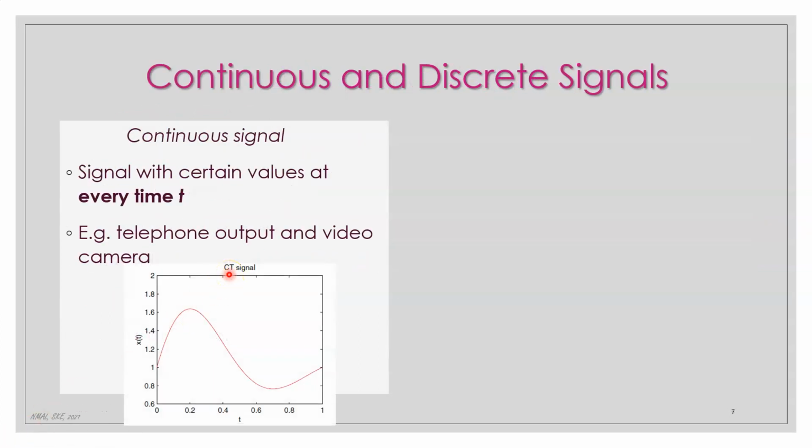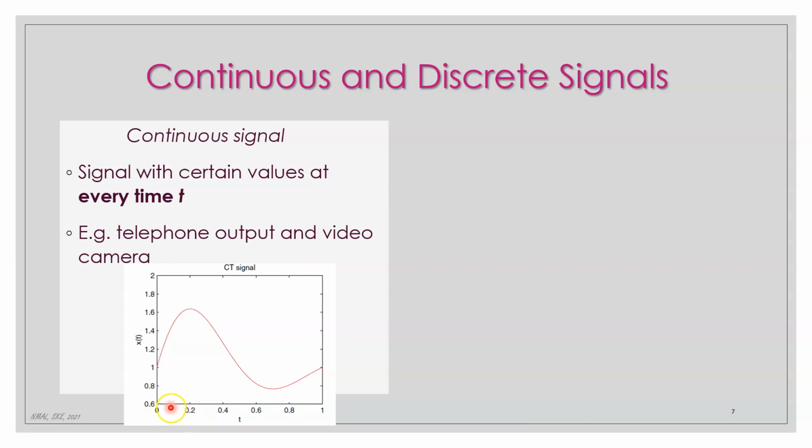For continuous and discrete signals, first we look at continuous signals. When I say continuous, it means that this signal has certain values at every single time t, as small as, for example, 0.11111114, which we cannot see clearly in the graph here.